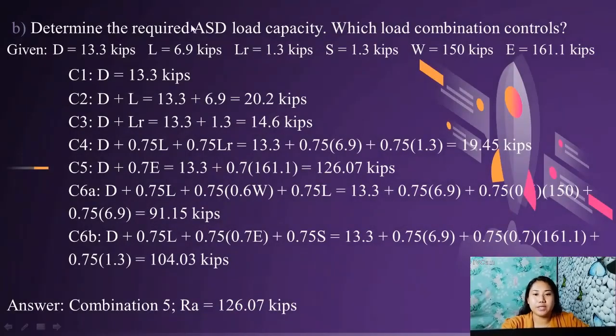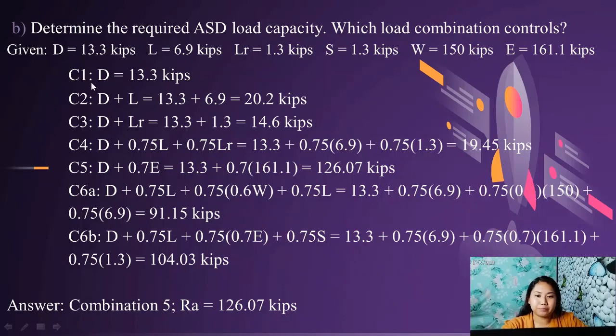Then letter B, determine the required ASD load capacity. Which load combination controls? Then given is D equal to 13.3 kilopascal, L is equal to 6.9 kilopascal, Lr, which is roof live load, 1.3 kilopascal, S is 1.3 kilopascal, then W is 150 kilopascal, E, which is earthquake, 161.1 kilopascal.